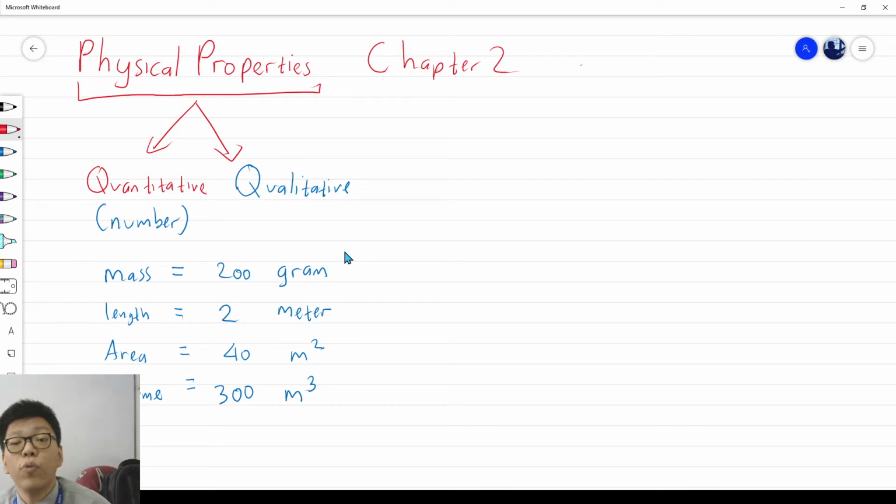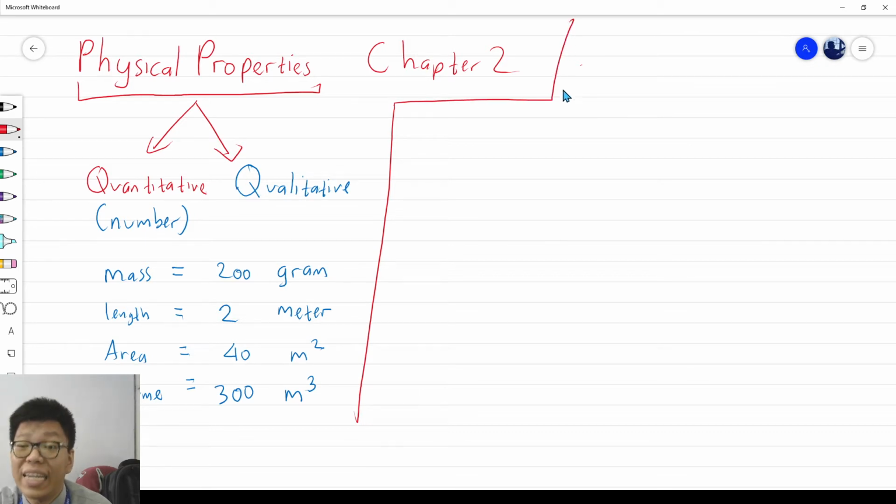It will be hard for us to communicate with others, especially scientists, to get the same result, or when we are comparing our data. That's why all of the scientists in the world agreed to make the SI unit, the unit that is universally accepted.